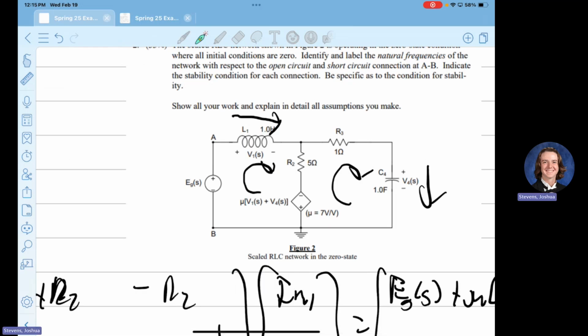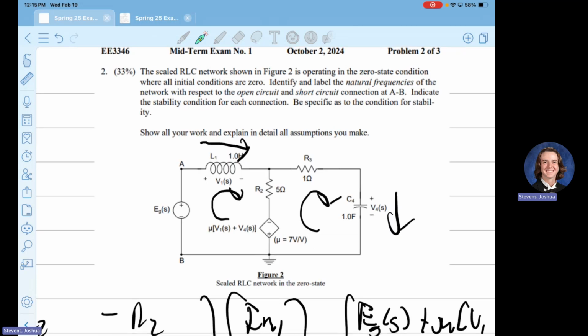We're looking for the current in mesh one. The reason is that we're looking for the short circuit and open circuit natural frequencies connected to terminals A and B, and that is in mesh one. So we want the current going through that mesh. But we also have an independent source in mesh one.